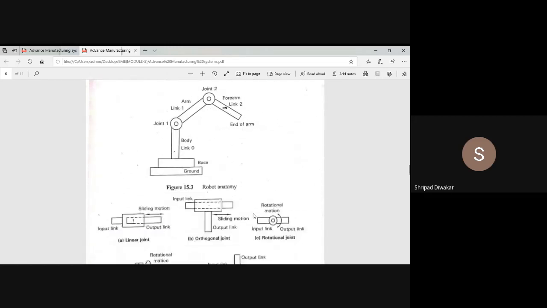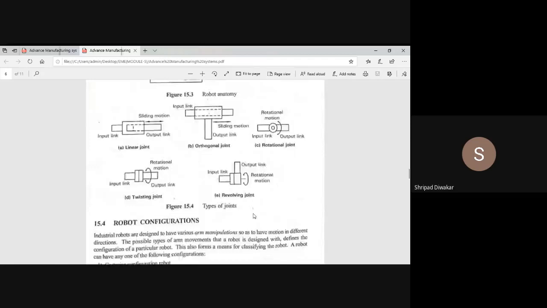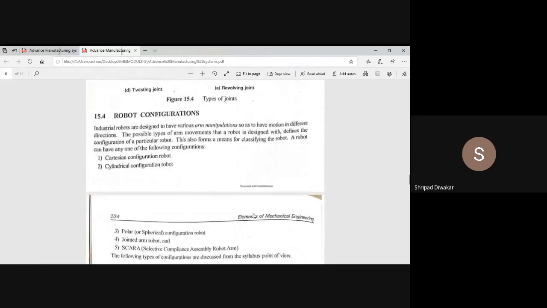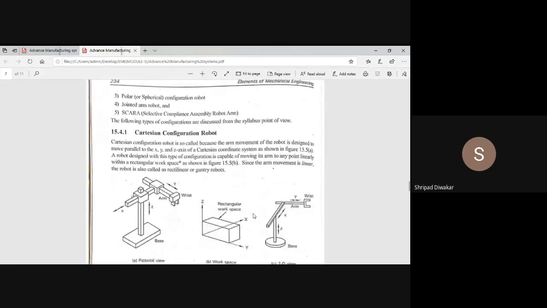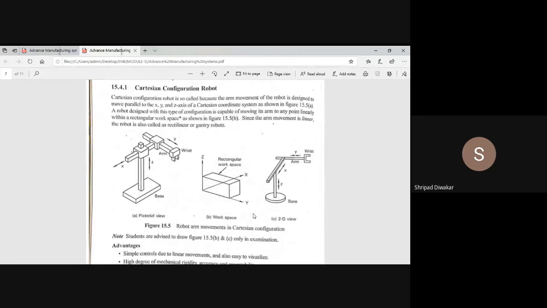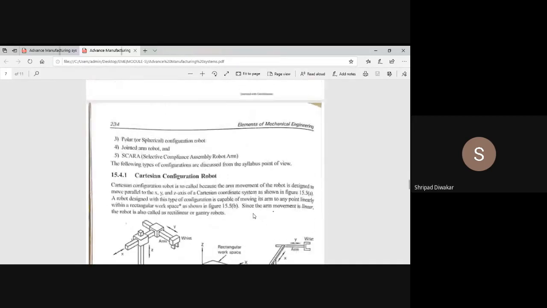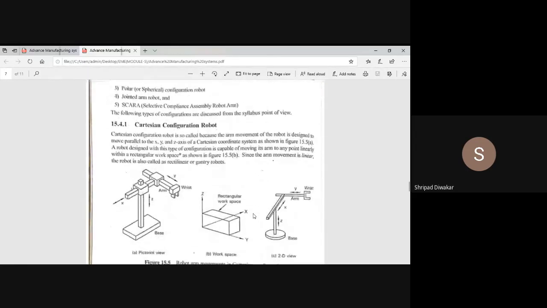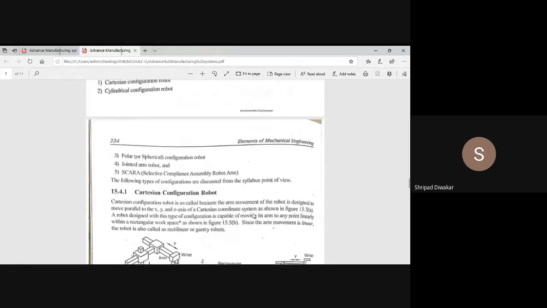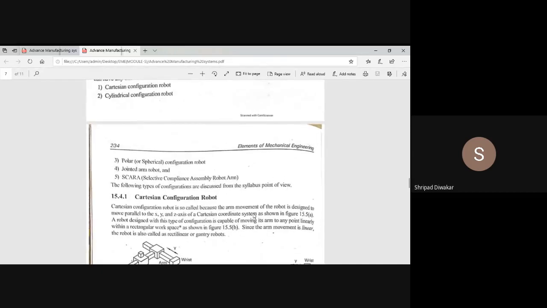Next important part is robot configuration. Robot configuration is most important. In the exam they'll ask you to explain the different configurations of robots. There are mainly five configurations of robot.